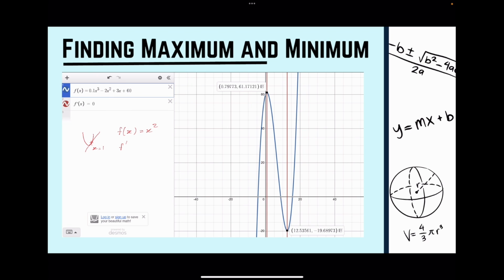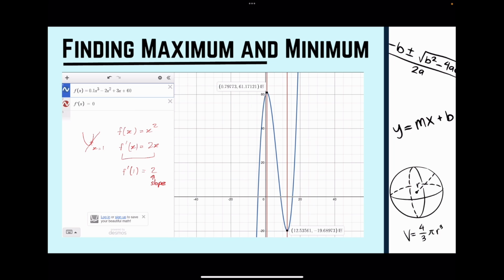The first derivative of the function is 2x. So how do we use this derivative to find the slope of the line? It's simple. We can just plug 1 into the equation. So f prime of 1 will be 2. So this 2 means this is the slope of the line.